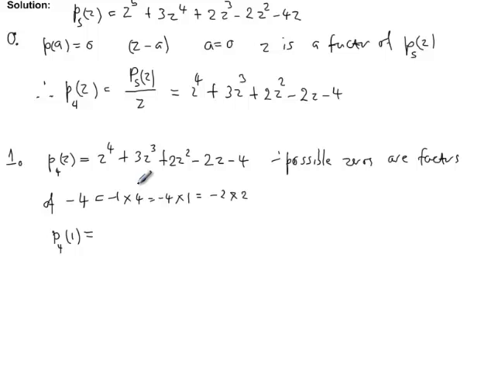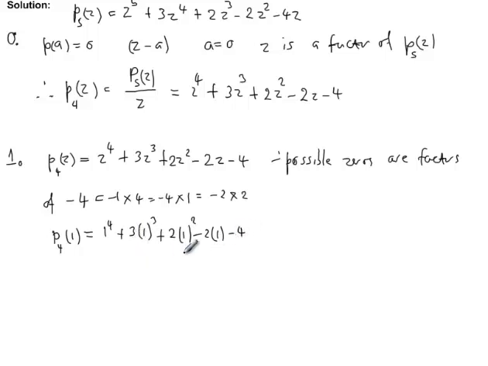So what I'm going to do here, I'm going to say 1 power 4 plus 3 times 1 power 3 plus 2 times 1 power 2 minus 2 times 1 minus 4.